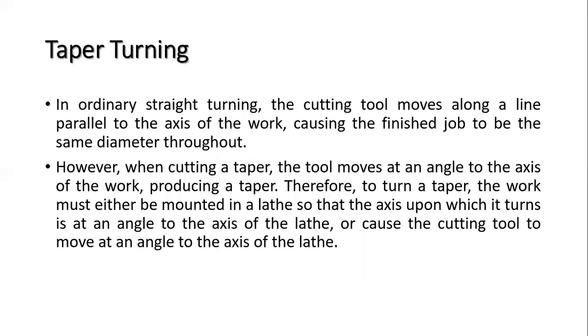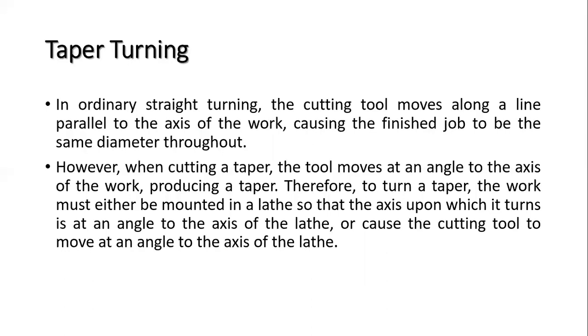But when cutting a taper, the tool moves at an angle to the axis of the work, producing a taper. Therefore, to turn a taper, the work must either be mounted so that the axis on which it turns is at an angle to the axis of the lathe, or the cutting tool must move at an angle to the axis of the lathe.